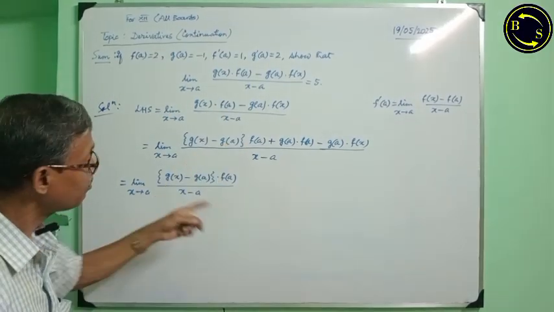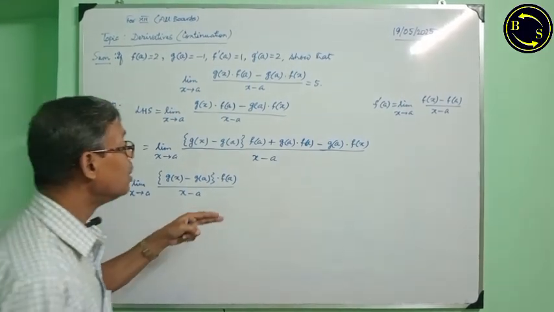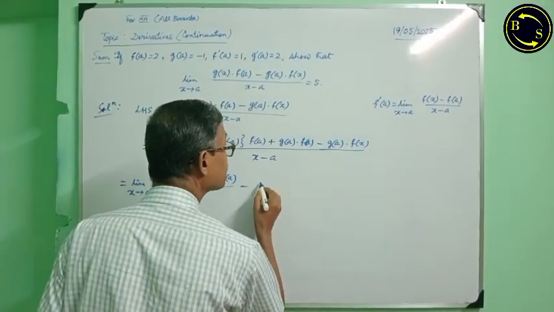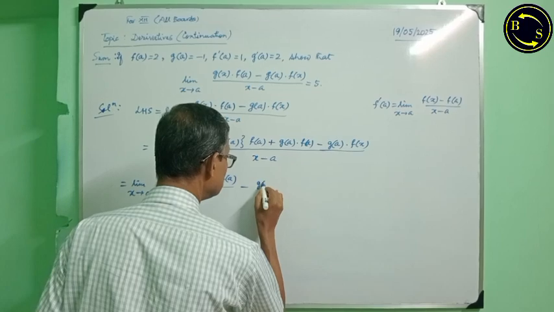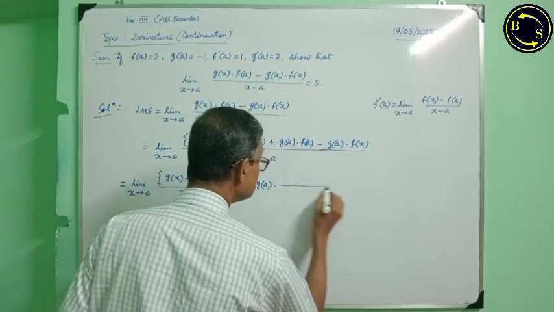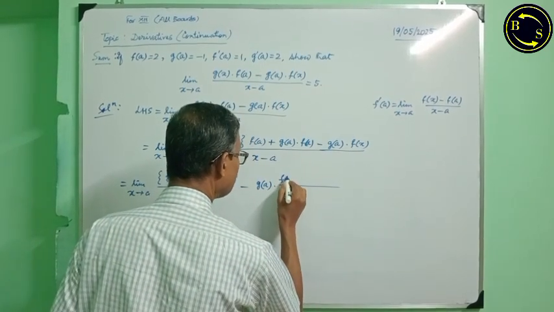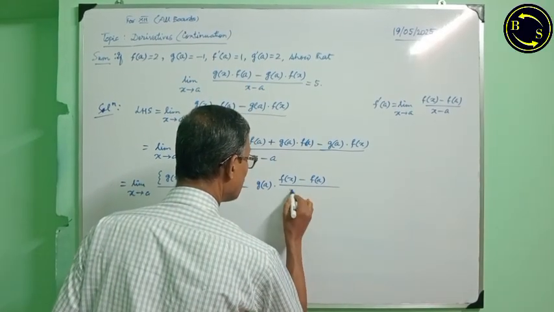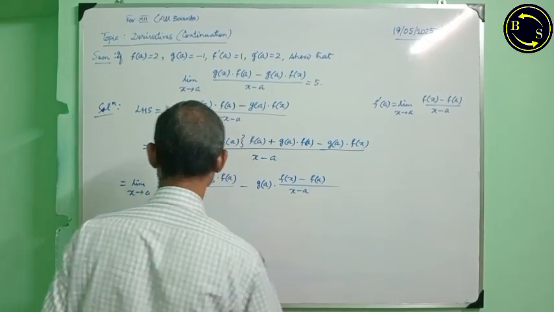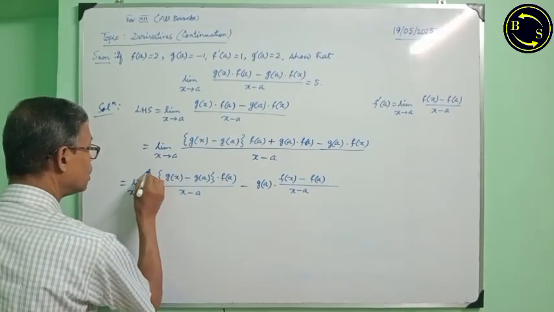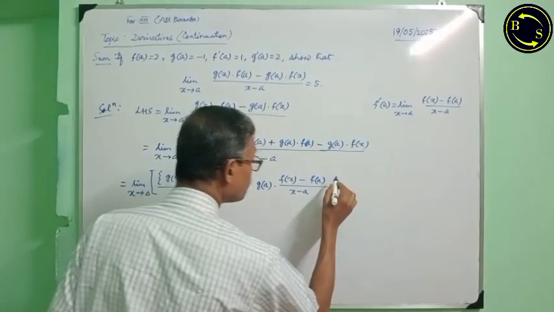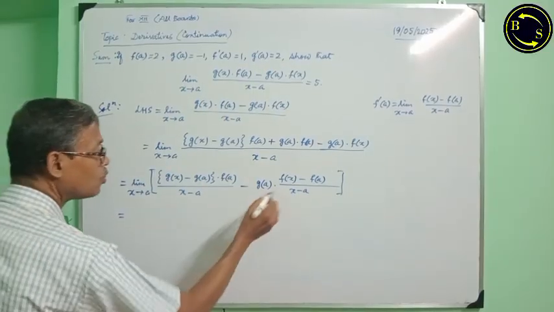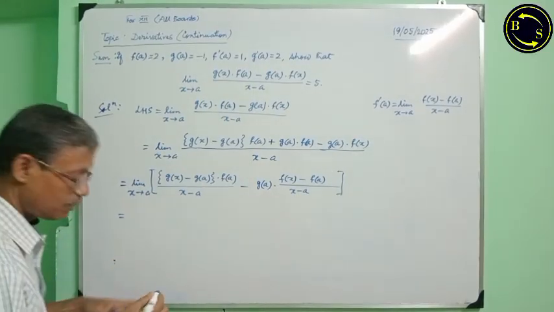Keeping that form in mind, minus we take ga common factor, fx minus fa by x minus a. I keep this in third brackets. Then two limits as per the formula.